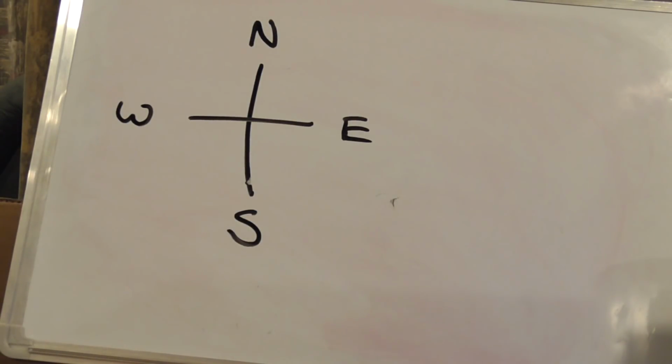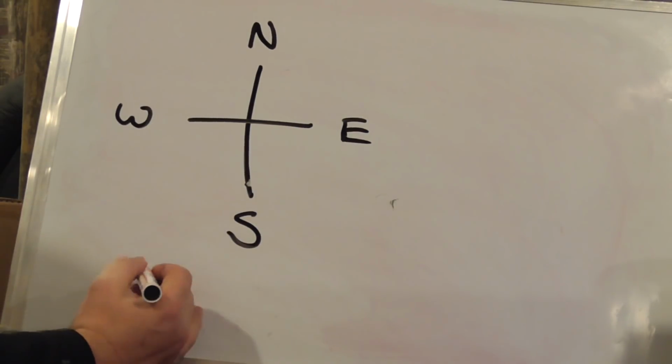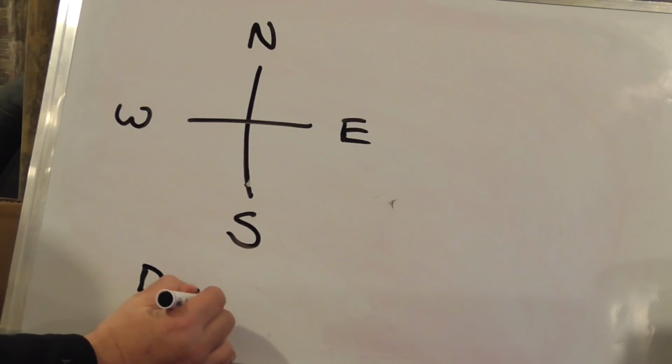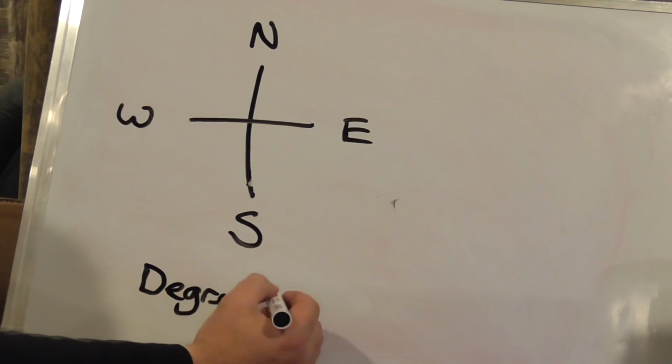I'll just grab my compass out, and the first one I'm going to do is we have two types of things. We have a thing called degrees. Let's do degrees, what I was just talking about.